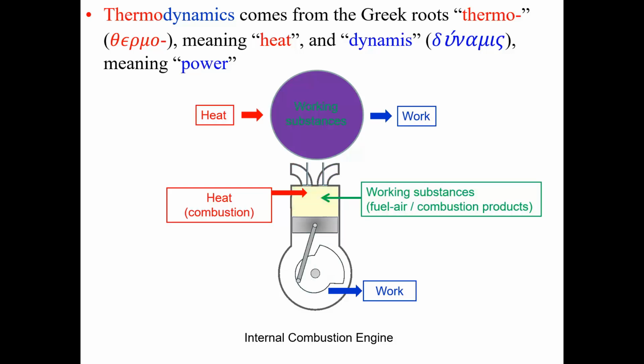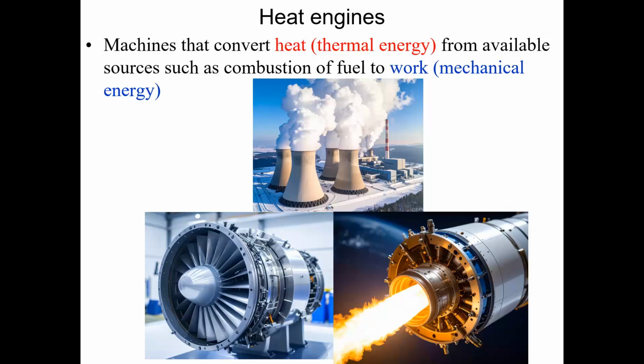Internal combustion engine, in fact, is one example of so-called heat engines. A heat engine is a machine that converts heat, that is thermal energy, from available sources such as combustion of fossil fuel to work, that is mechanical energy.